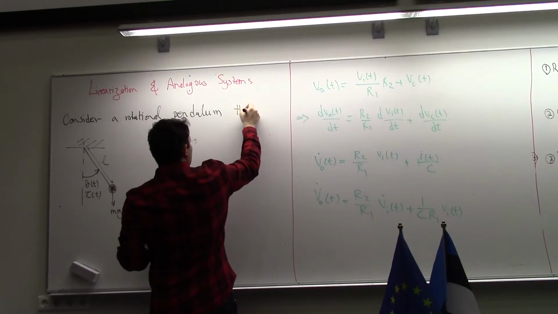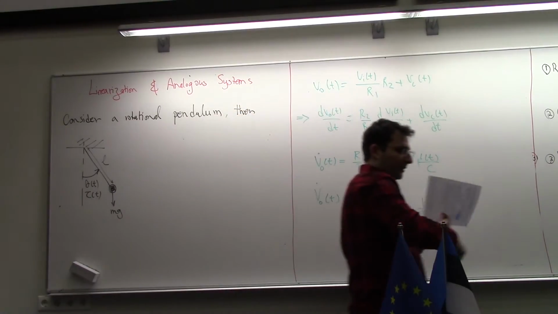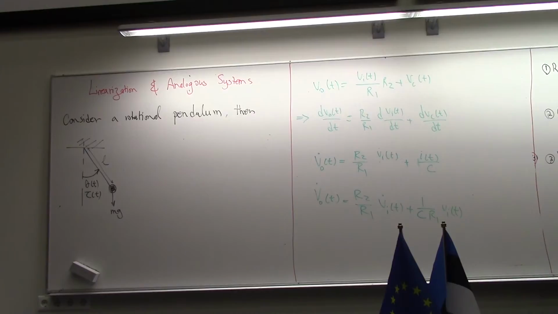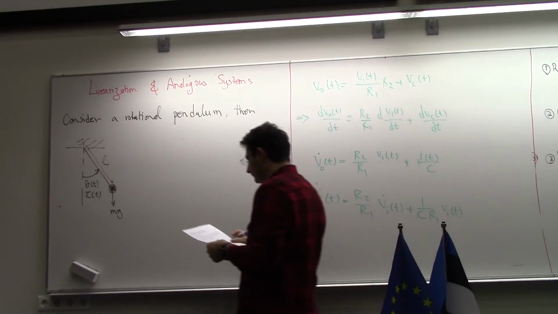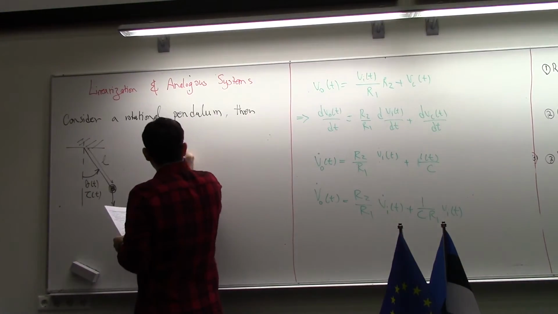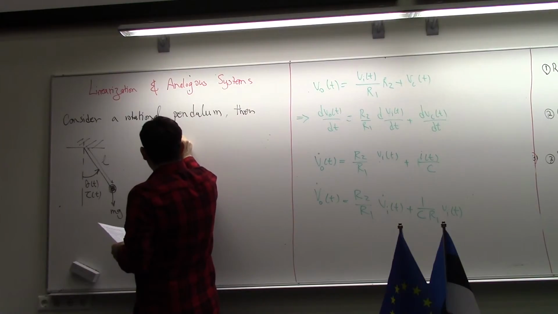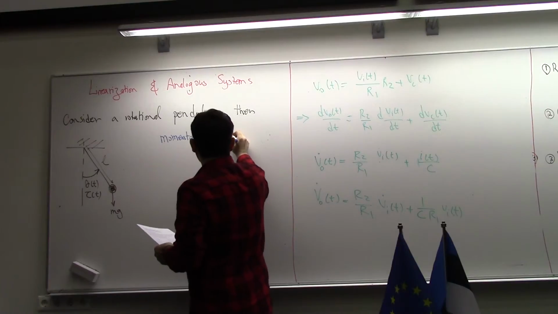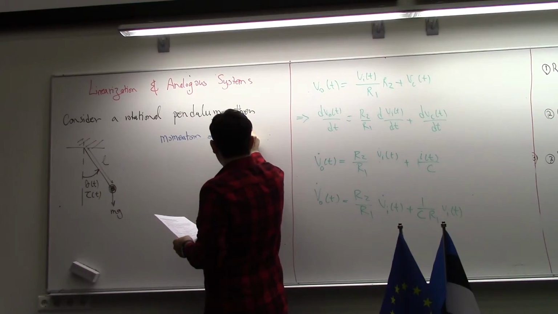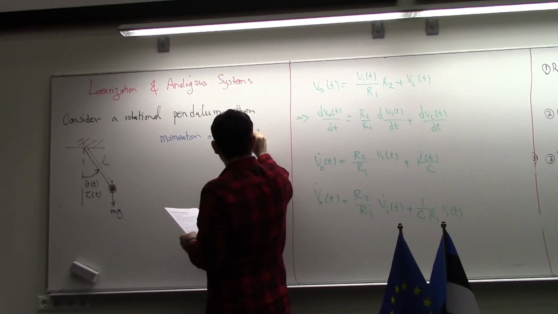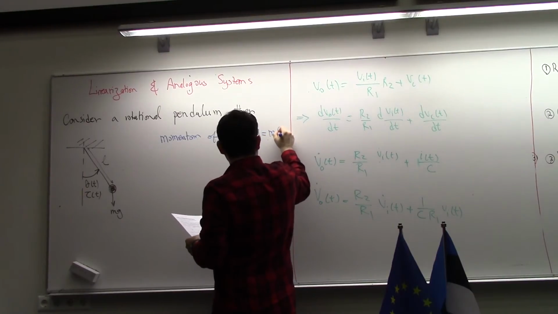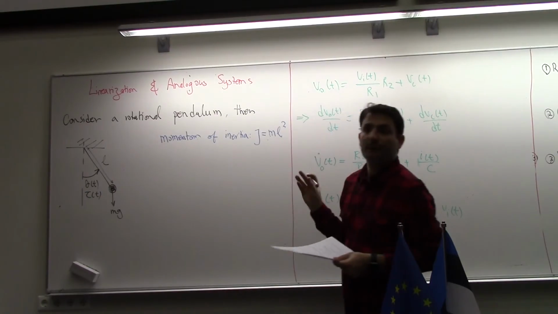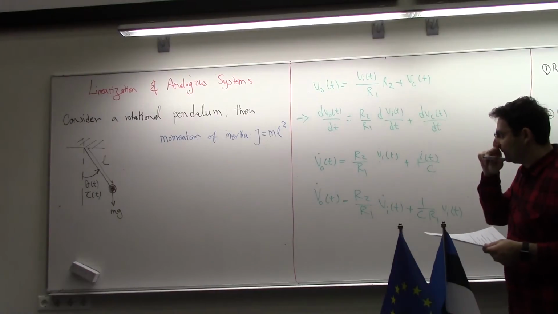Then we can write down the moment of inertia, which was J, is actually mL squared. M is the mass of the ball which we have there.